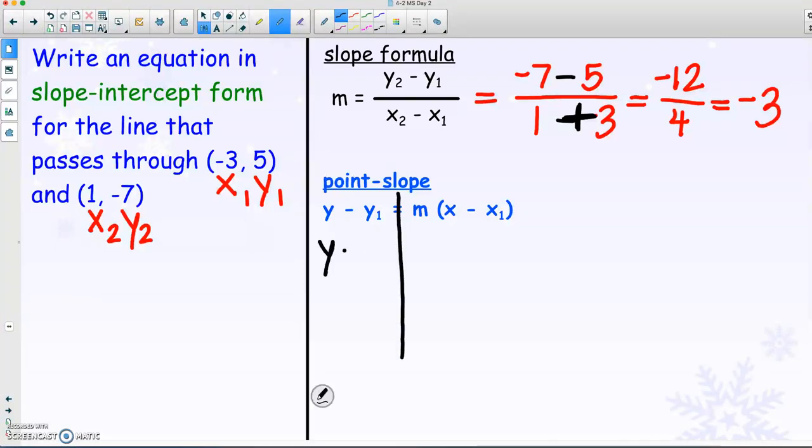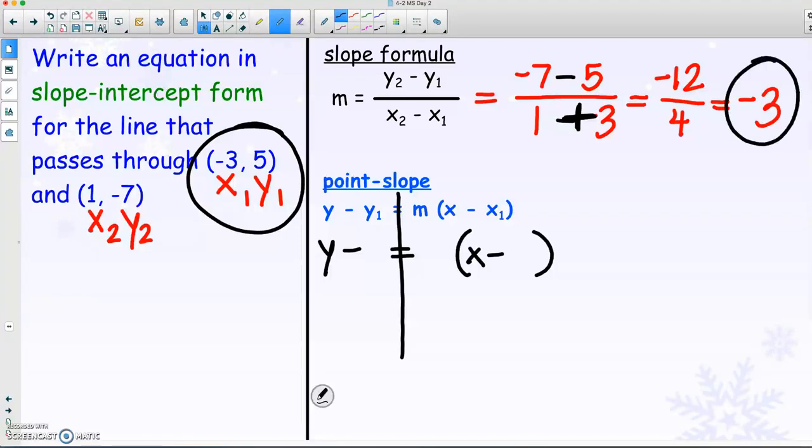Point slope. Now I need x1, y1, and my slope to fill in. So y minus 5 equals the slope times x minus negative 3. This will turn into a plus, and I distribute.